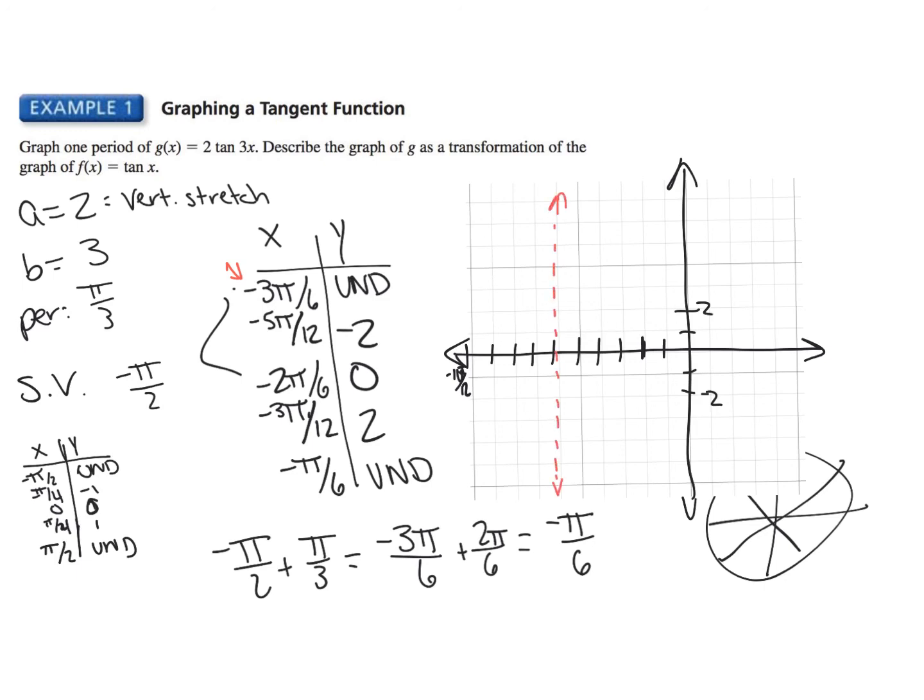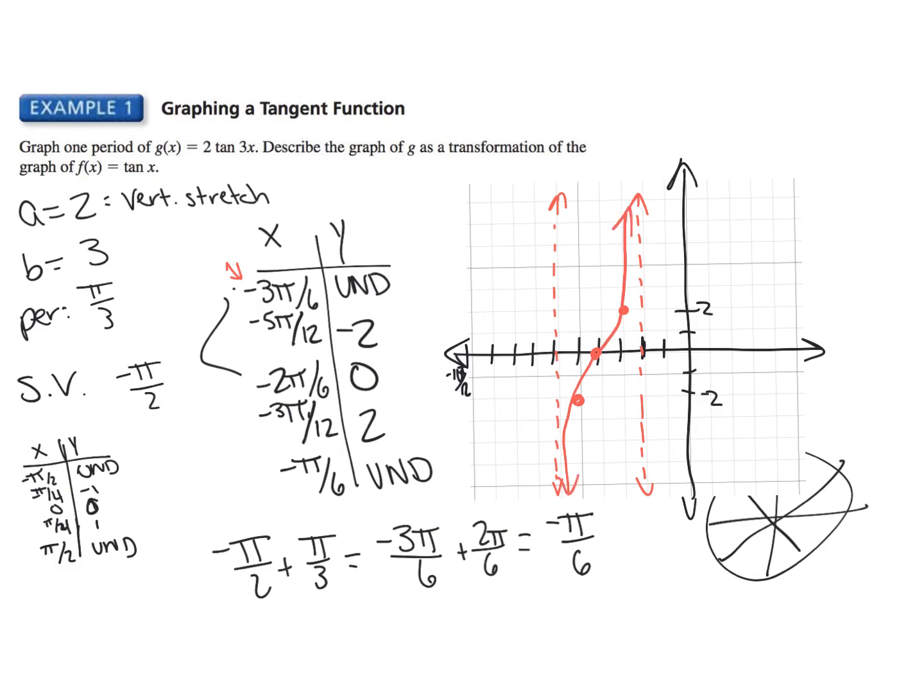So wherever you see undefined, that is an asymptote. That means this one right here is also an asymptote. That's my 5th point. Then I have negative 2, 0, 2. And this one is a funky kind of curve.